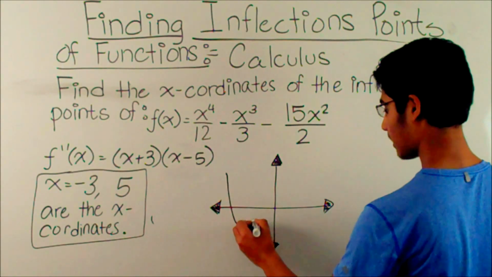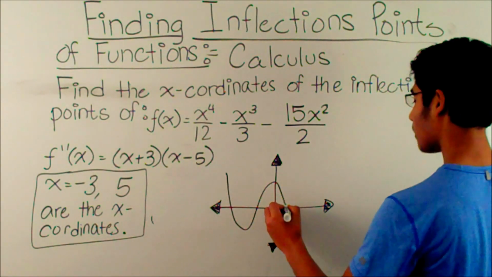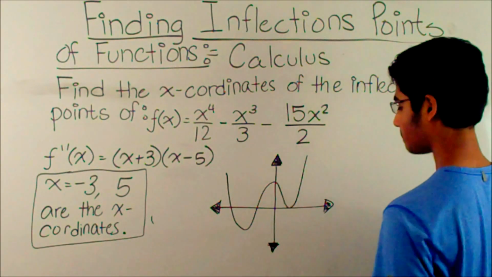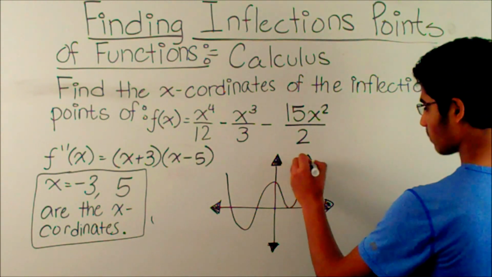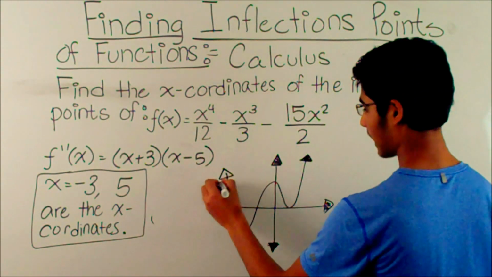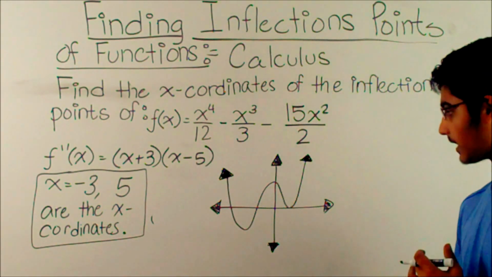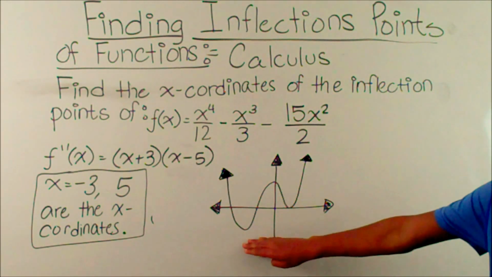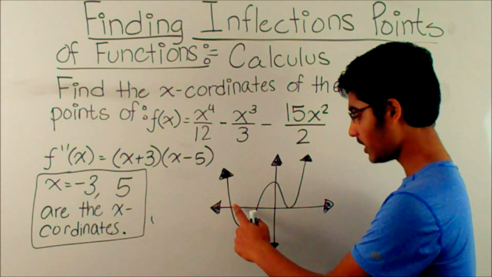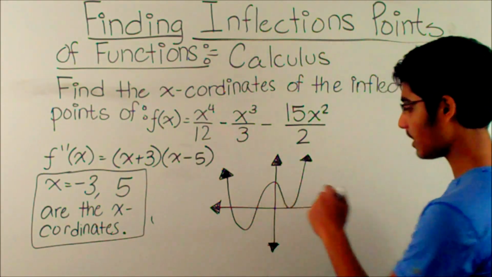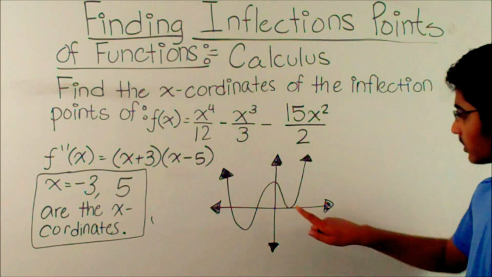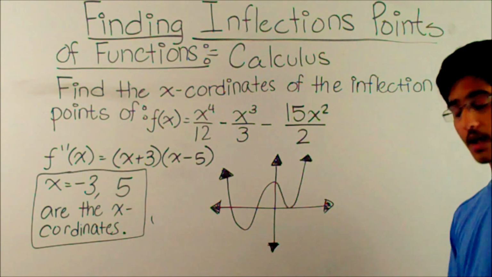It comes down like that, goes up like that, like that. So let's say the second derivative would look like this. There would be an exception to having all the roots being inflection points. So we can see we have a single root here, a single root here, and then a double root here. So the place where there's a double root would not be an inflection point.